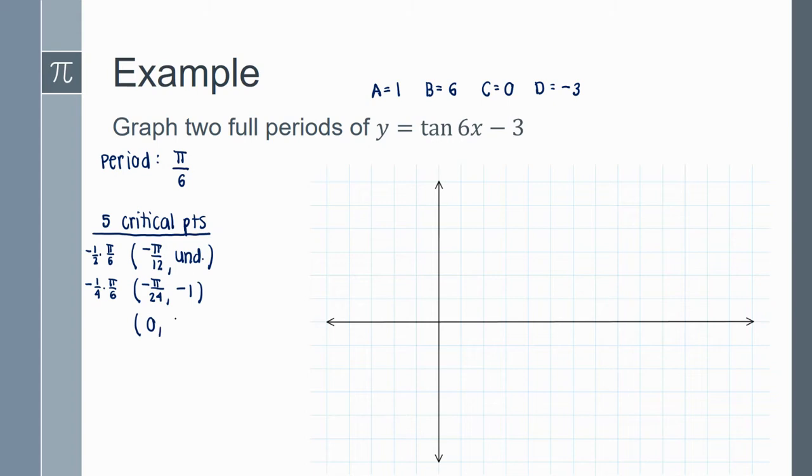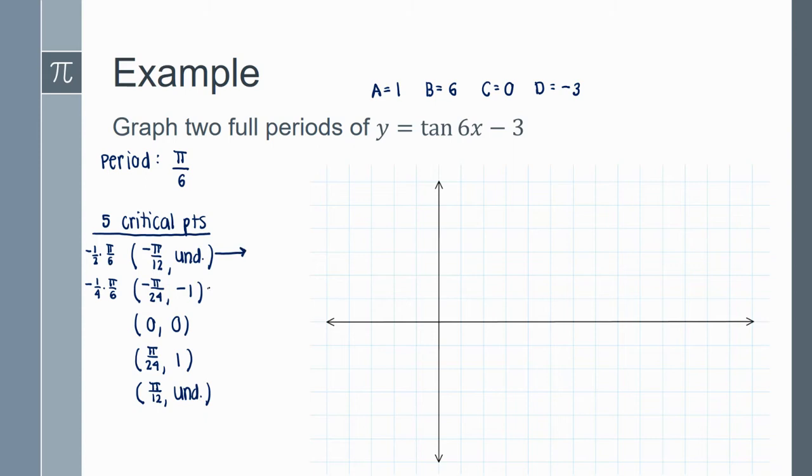Then we're at 0, 0. Then I want the positive 1/4 times pi over 6, which is positive pi over 24. That's when we're at 1 for our A. And then finally, 1/2 times pi over 6 is pi over 12. And then we're back to being undefined.